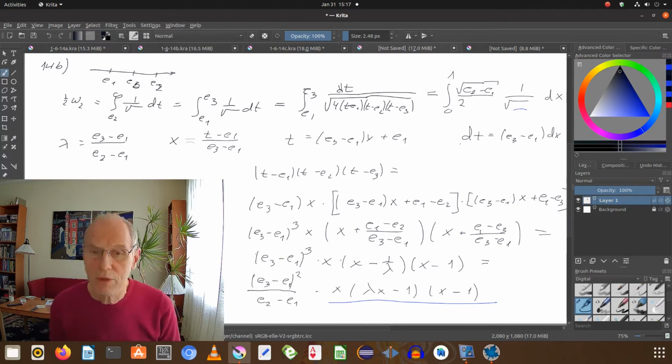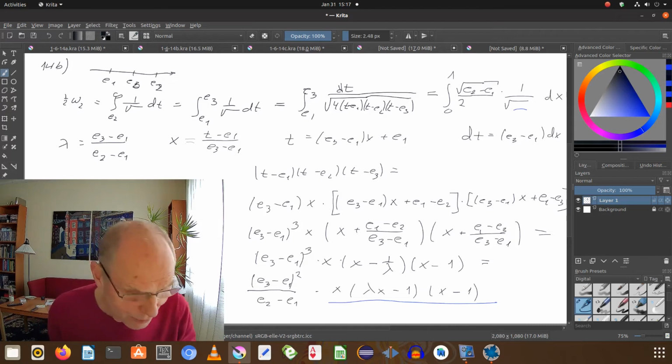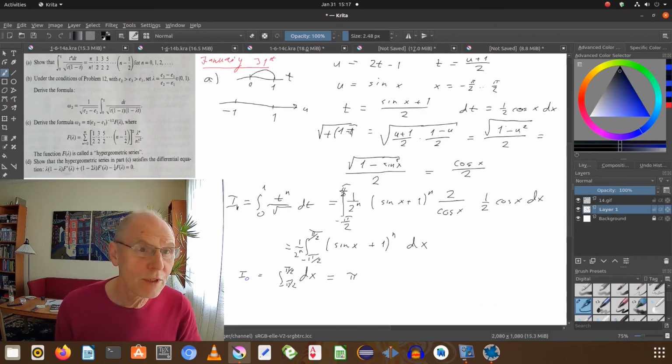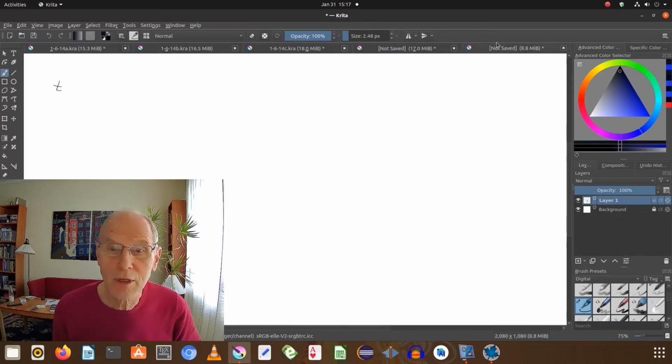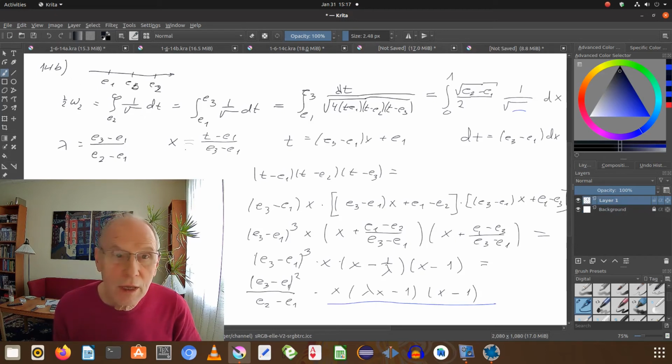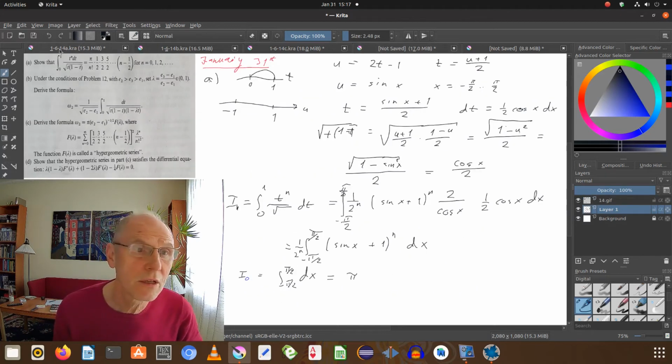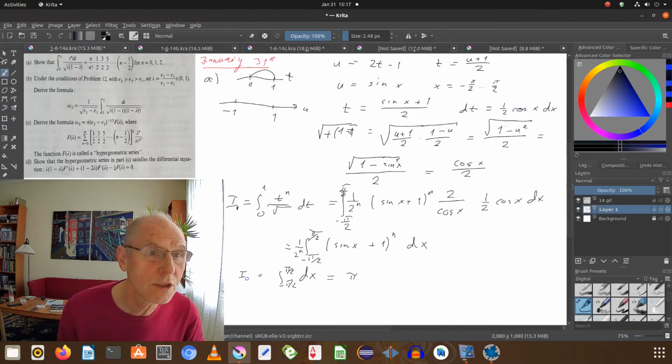So, was that what we should prove? It's close at least, but let's have a look. 1 divided by square root e2 minus e1, and I have it in the numerator. There's no factor 2, that's lost in translation.